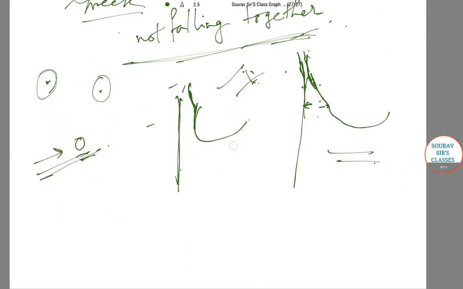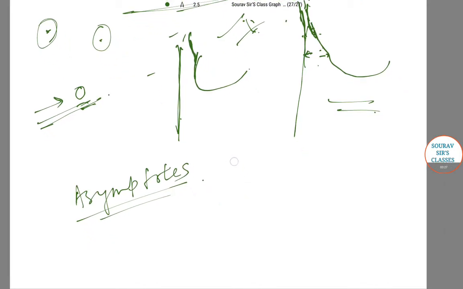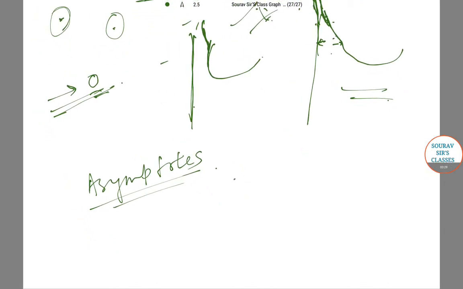This is called an asymptote. Like this, this is the straight line, and this is the curve.